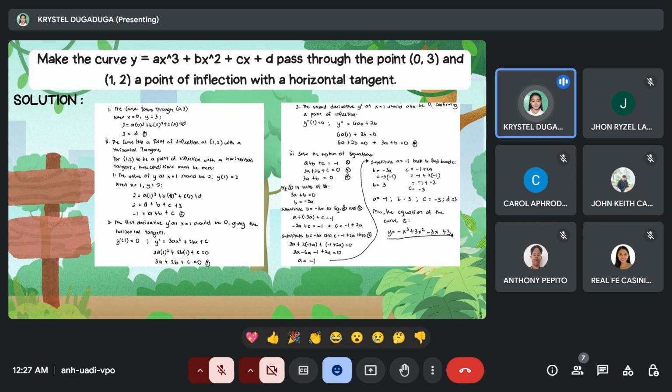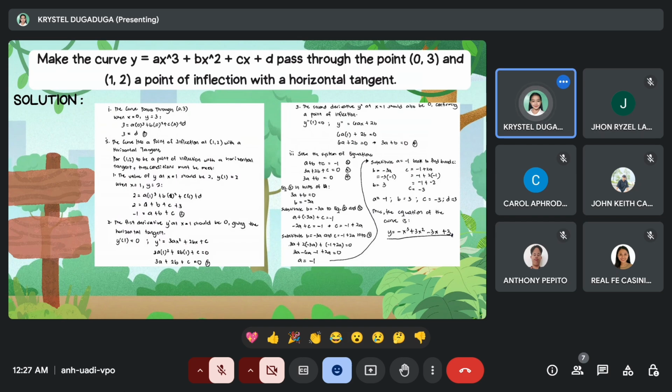Next condition, the first derivative at x equals 1 should be 0, giving the horizontal tangent. So the first derivative of y at 1 is equal to 0. So the first derivative of y is 3ax squared plus 2bx plus c.